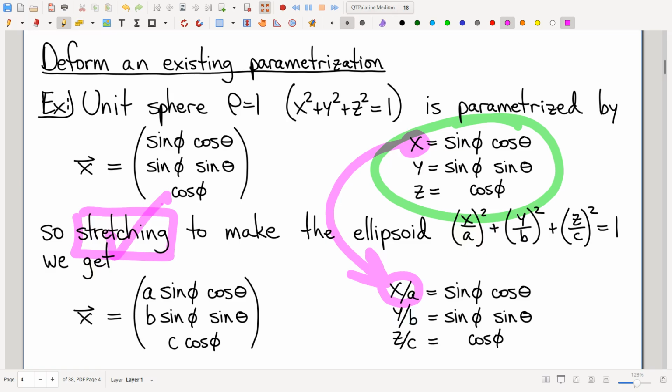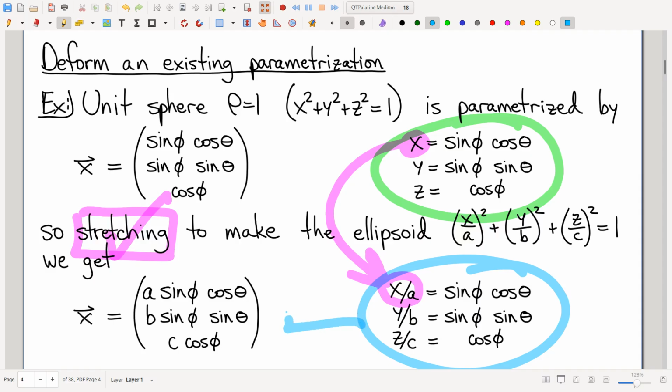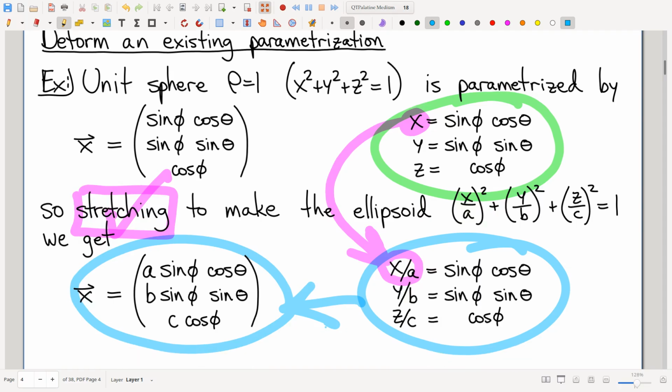That's the same stretch. Just doing it to the parameterization now. And that gives me now a new parameterization like this, which of course, you can collect back into a vector form of the parameterization like that.